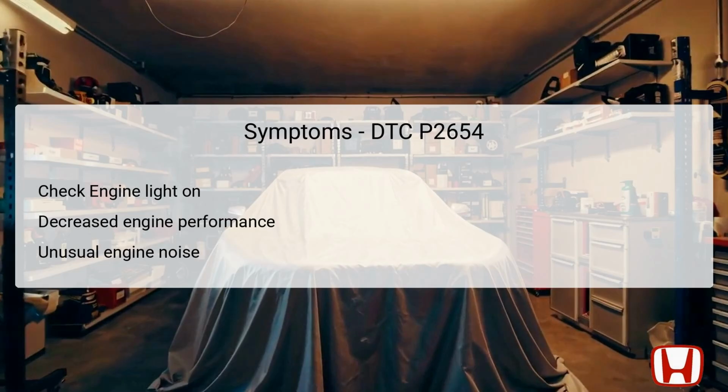In some cases, an unusual engine noise may be present, often related to improper valve operation caused by inadequate oil flow to the rocker arms. These symptoms cumulatively indicate that the engine's timing or efficiency could be impaired, prompting an immediate investigation and resolution to maintain vehicle integrity and performance.